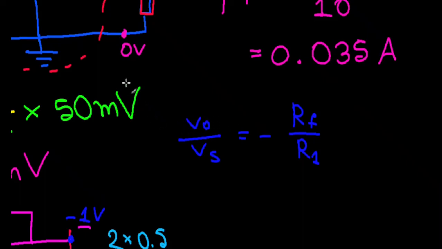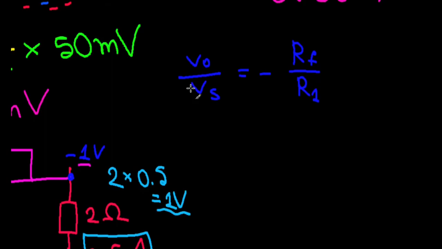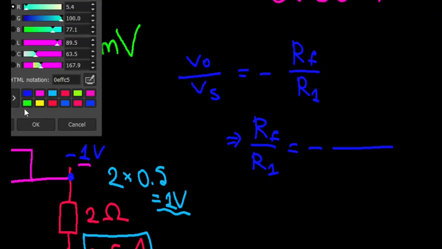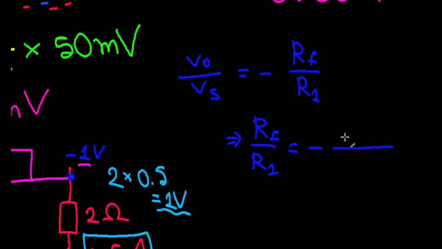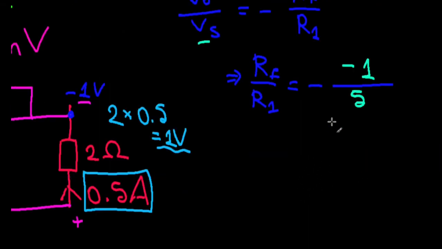But what's V naught by Vs? So R sub F divided by R1 is equal to negative V naught, which is negative 1 volt, divided by Vs, which is 5 volts. So the negatives cancel out, and we get 1 by 5.